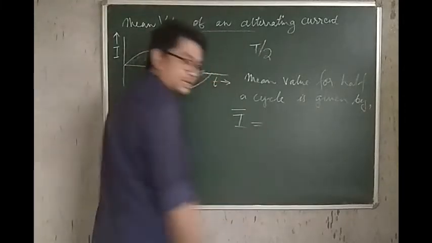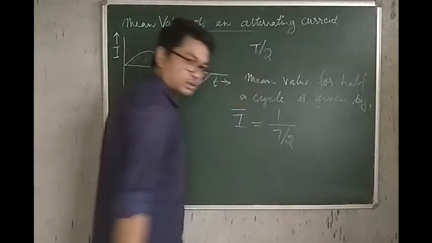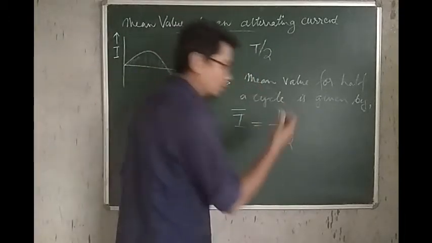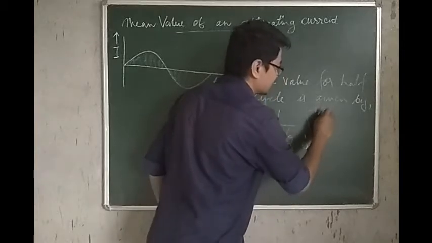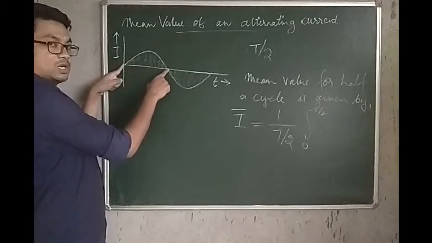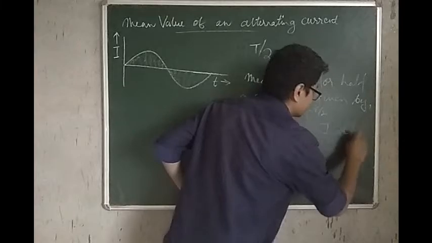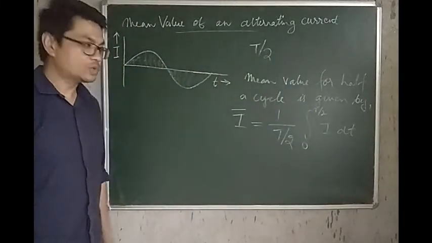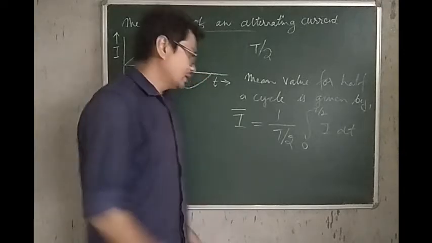So this is equal to 1 upon T by 2. We are integrating the current over time for half a cycle, that is from 0 to T by 2, calculating the mean value of the current with respect to time, where I is the instantaneous value of the current.